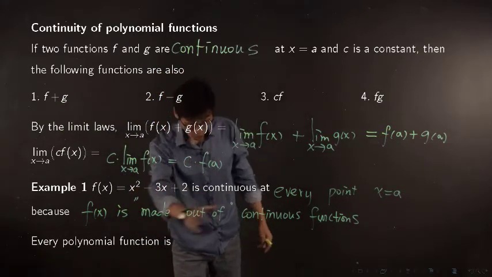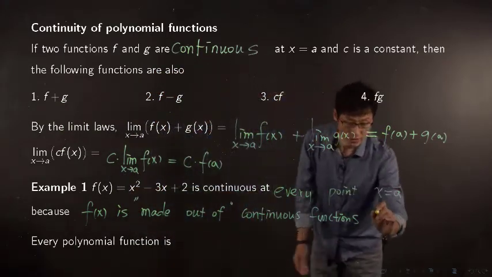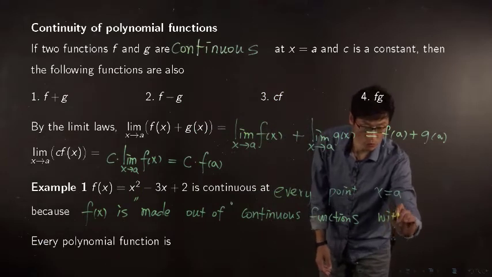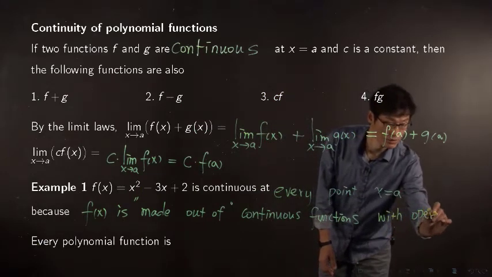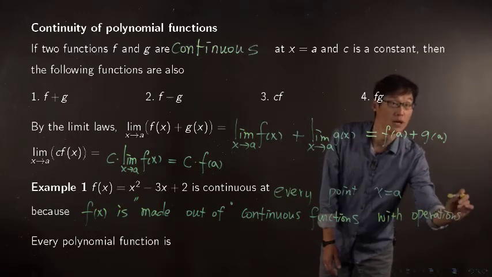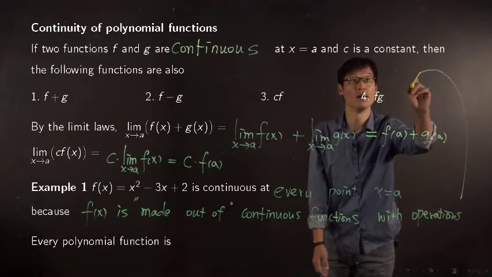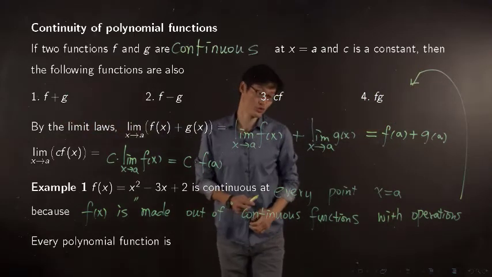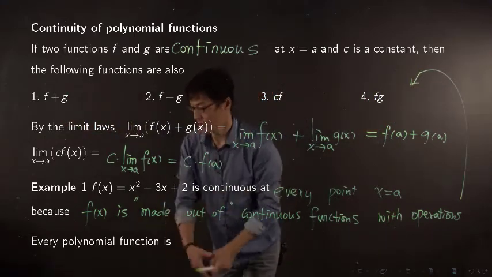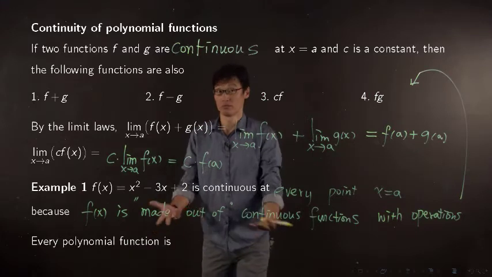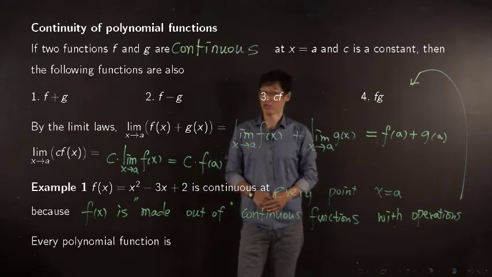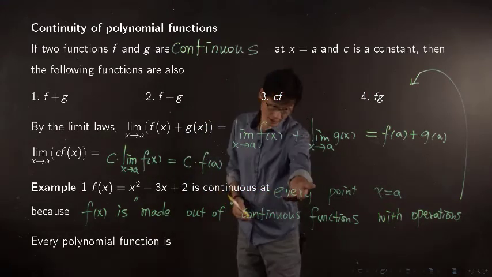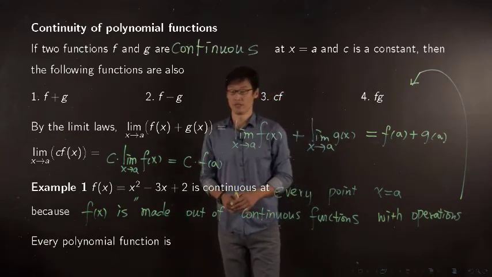So f is made out of continuous functions with operations above. So you can use those 4 operations to create this function f. So this function is continuous. Actually, this is continuous at every point x equals a.